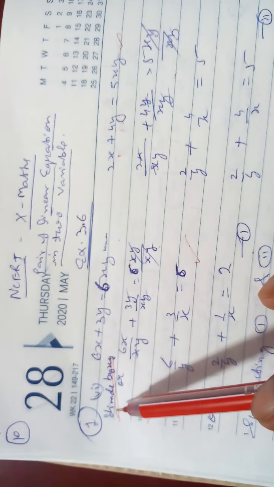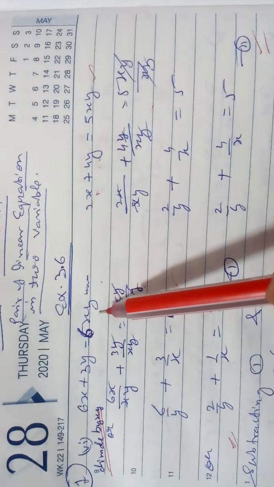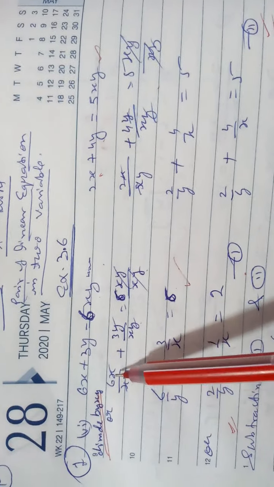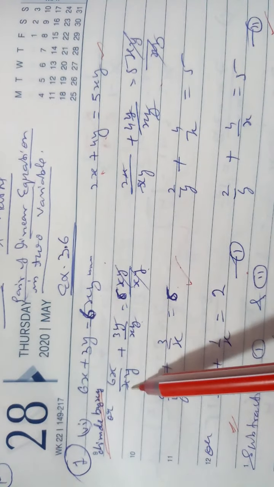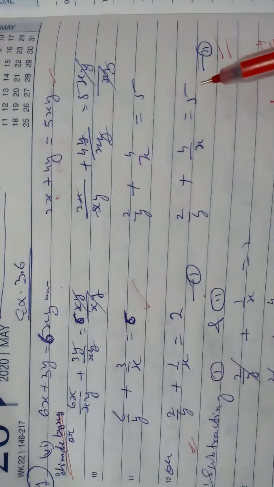First of all, we'll divide both sides by what is present on the right side, xy. Dividing both sides by xy, y cancels, x cancels, and you get this. Similarly, the second equation also gives a single variable in each term.